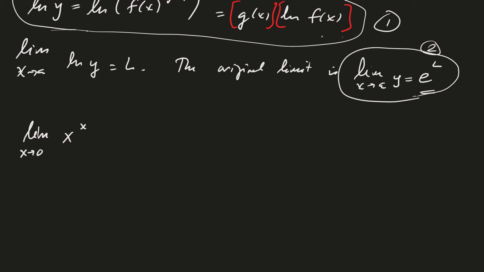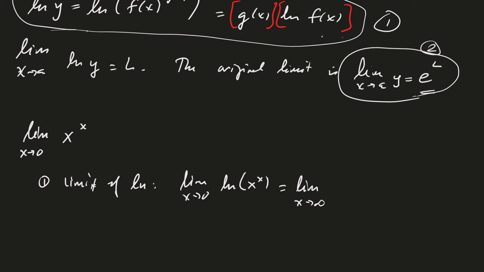Well, like we said, first thing you want to do is take the limit of the log. So instead of doing the x to the x, we're going to take the limit of the log. And when I take the limit of the log, that turns the limit into a product: x natural log of x.